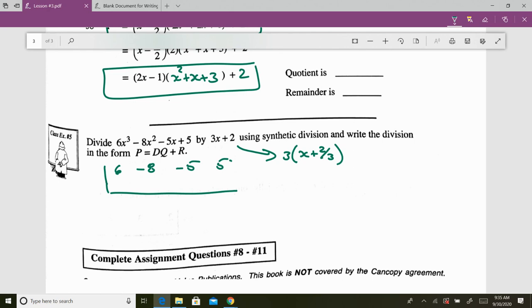Okay, what's my a value? I.e., what's the number that goes in front of the synthetic division sign? What makes the bracket 0? Negative 2 over 3. I know it's a fraction. Don't be afraid of the fractions, people. All right, you do the exact same thing. 6 drops down. How do we multiply fractions?